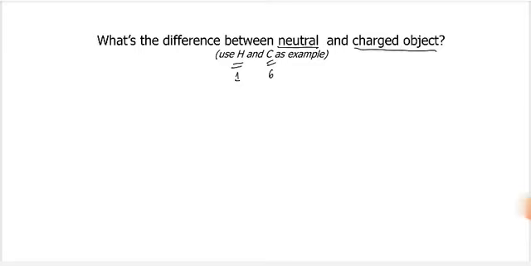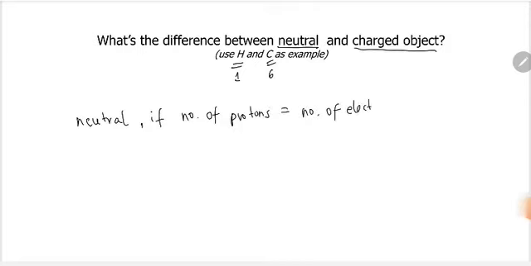Masasabi natin na neutral yung atom na yun if the number of protons na nasa nucleus ay equal sa number of electrons na nagre-revolve around that nucleus. We will say that that atom is neutral or that object is neutral.